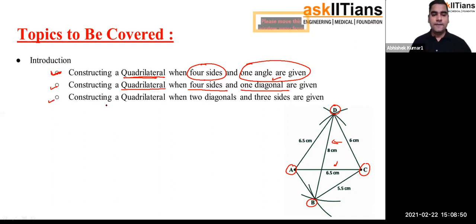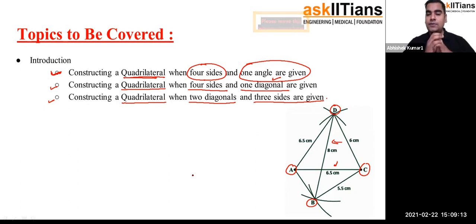The third topic is how you can construct a quadrilateral when you are provided both the diagonals, because a quadrilateral always has two diagonals, and any three sides. If you look at this figure, you will be provided both diagonals AC and BD, and apart from that any three sides out of the four sides which make the quadrilateral.